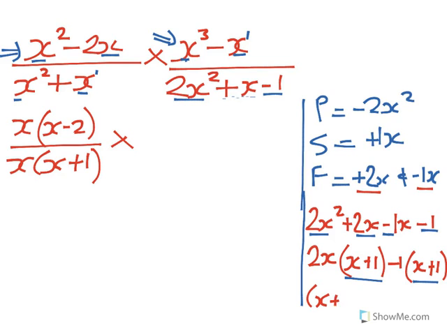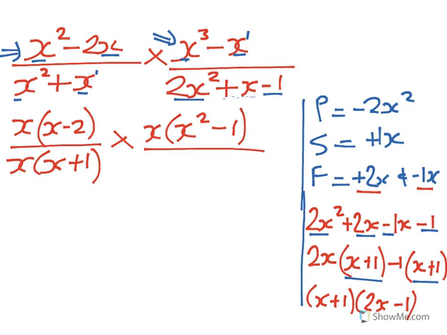So it's x plus 1, 2x minus 1. That's what I'm going to put there. So this is times, remember x was common there, which is x squared minus 1 all over the answer that I got down, which is x plus 1 and 2x minus 1.